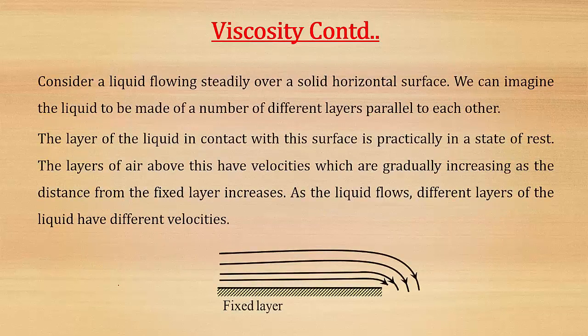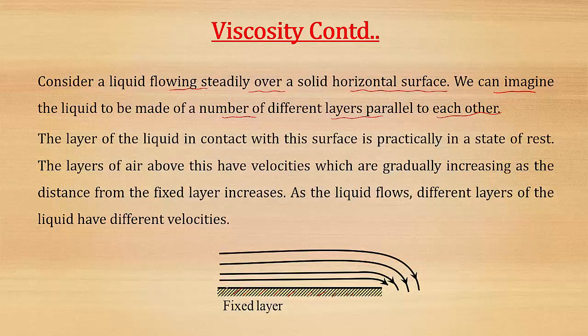Then we consider a liquid flowing steadily over a solid horizontal surface. You can observe this picture. This is the solid horizontal surface, and on that the liquid is flowing steadily. We can imagine the liquid to be made of a number of different layers parallel to each other.